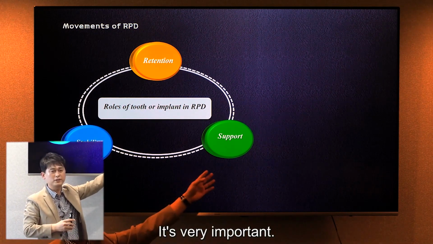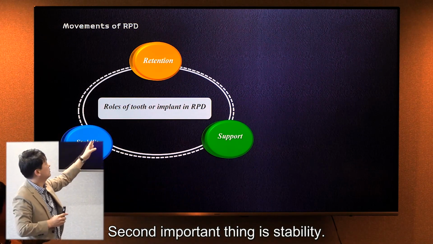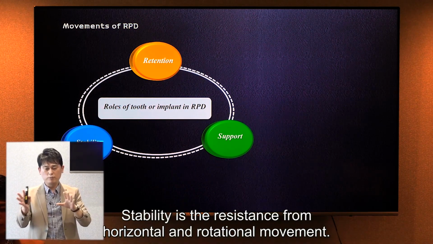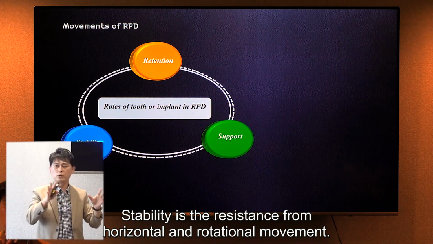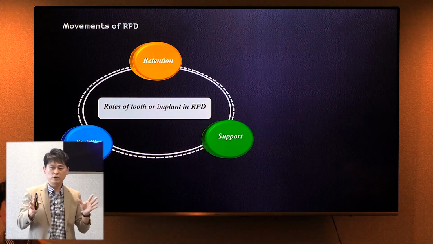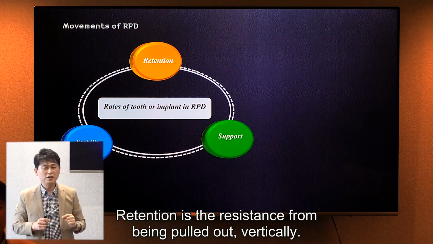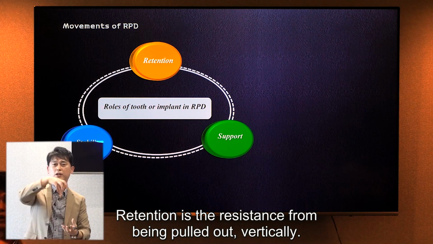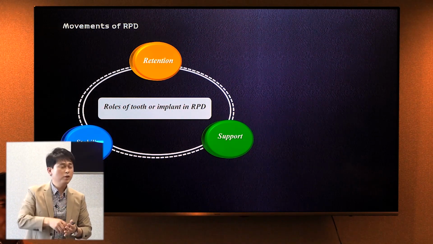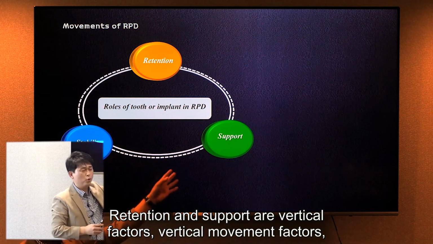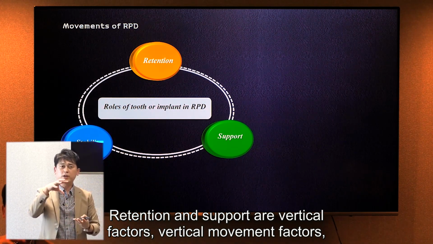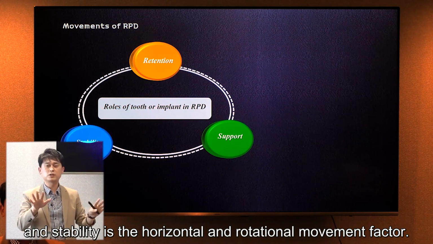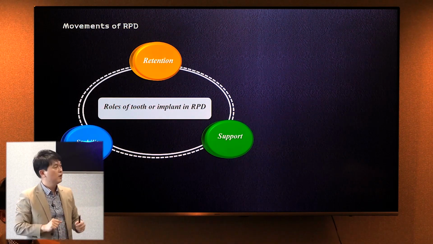The second is stability. Stability is the resistance from horizontal or rotational movement. Retention is the resistance from pulling out vertically. So retention and support are the vertical movement factors, and stability is the horizontal and rotational movement factor.